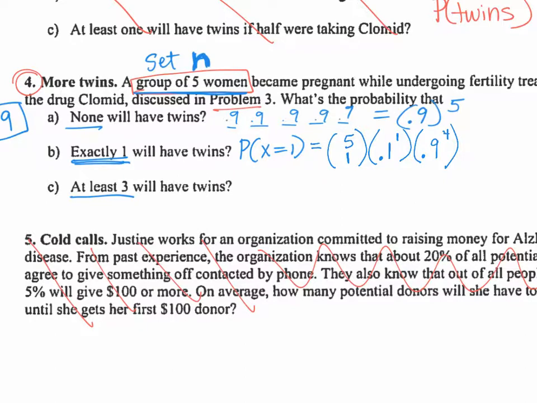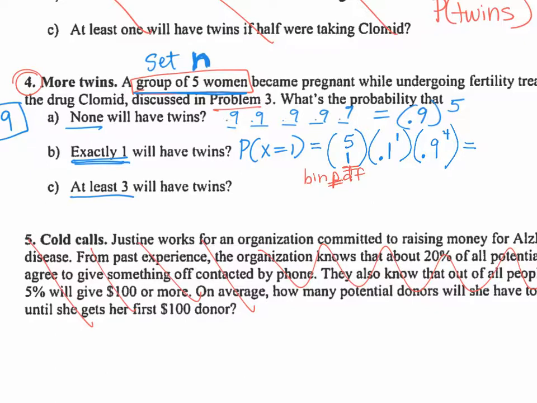And the way you would do this in your calculator is, again, you go to 2nd VARS where the normal CDF menu is, and binomial PDF and CDF are there. Because this is exactly one, binomial PDF, exactly this, exactly that, PDF is where it's at.